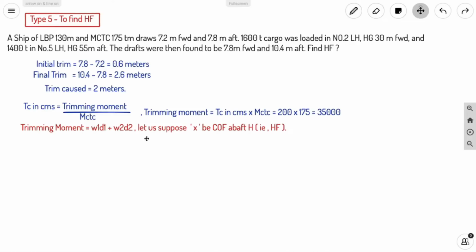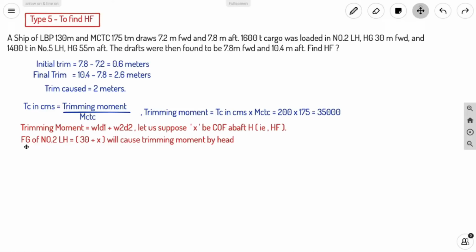So let's consider COF abaft H and the value as X. We are just supposing that our center of flotation is abaft H. That's what we need to find, how many meters it is.